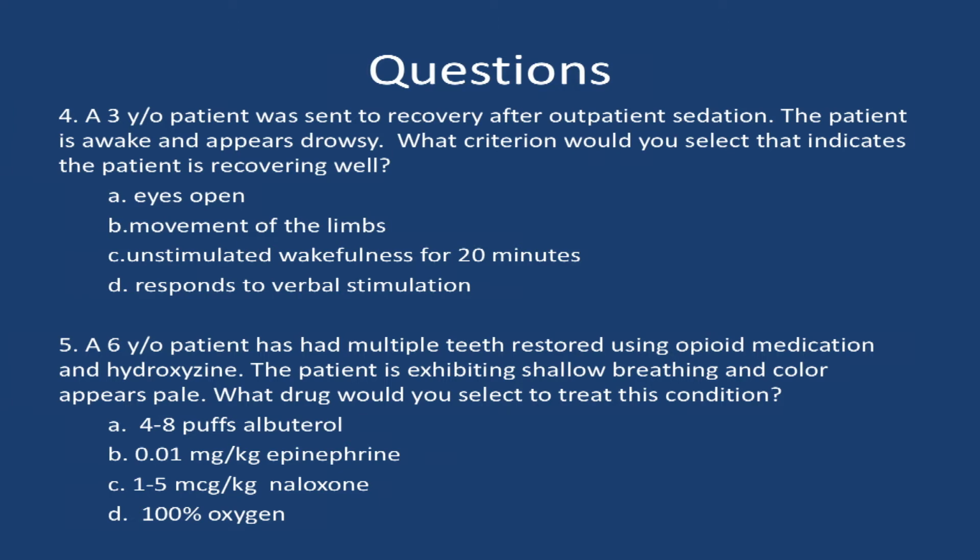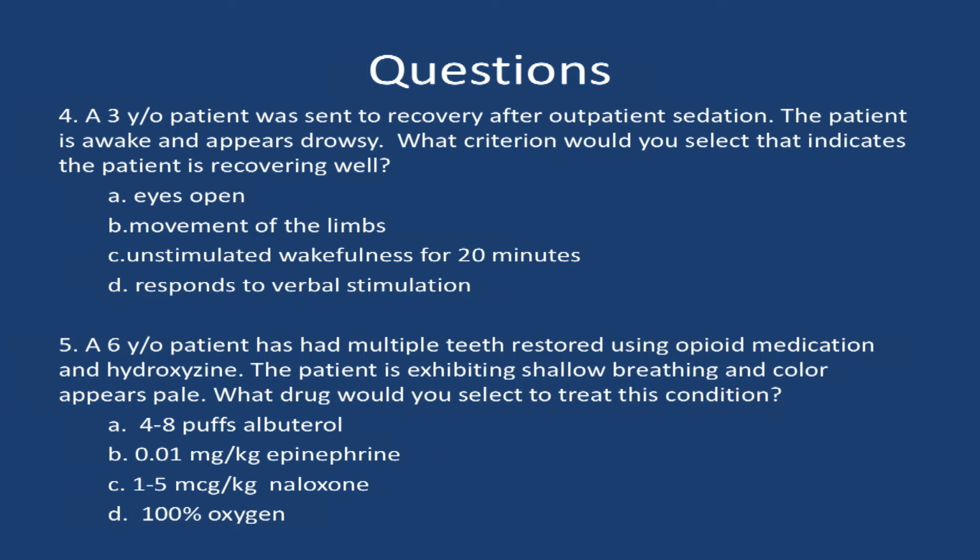The person who asked this question has already given you a clue, wants you to think about a drug that's been used. Oxygen should improve the situation at any time using an opioid medication. But they're trying to tell you something, that the patient has shallow breathing. Epinephrine is a rescue drug for an anaphylactic reaction.